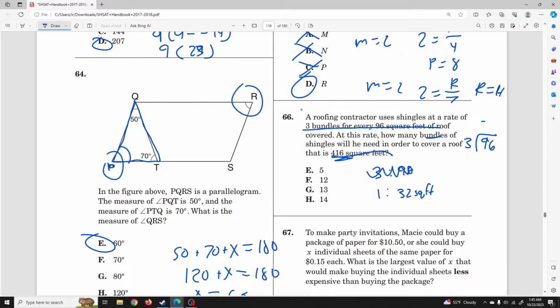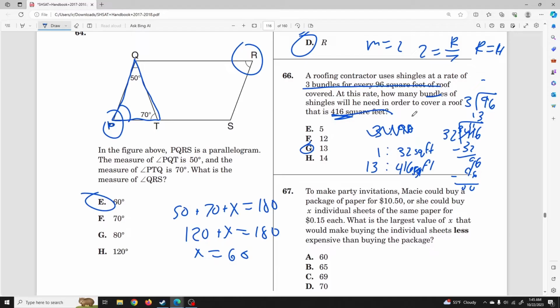So how many times? All we have to do is just divide 416 by 32, and I'll just do that right now. That's 1, 32. Subtract these 2, you get 3. You get 11, you get 9, you get 6, and we know that this goes into that 3 times, right? So that means that 13 bundles have to contribute to 416 square feet, right?